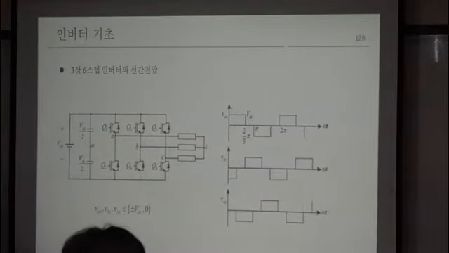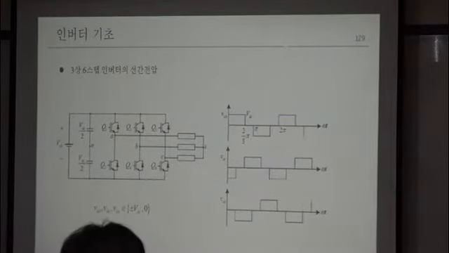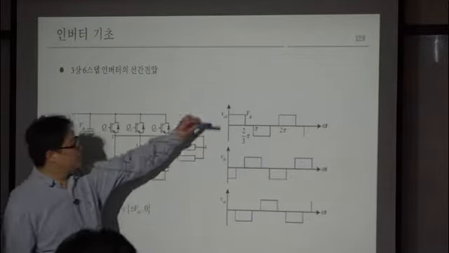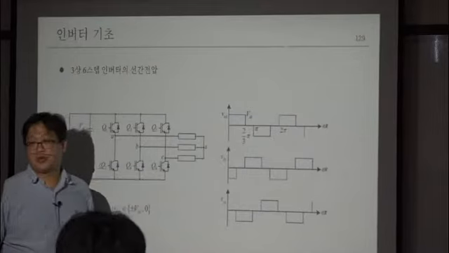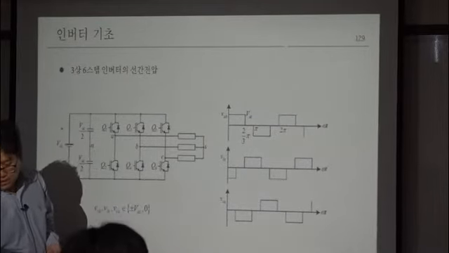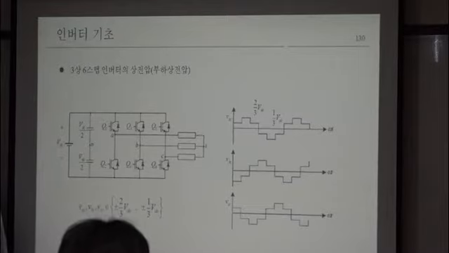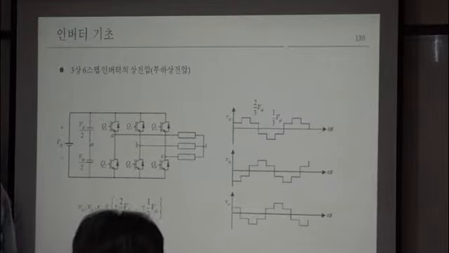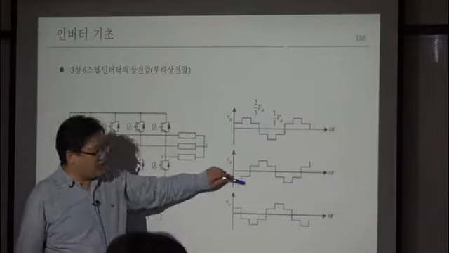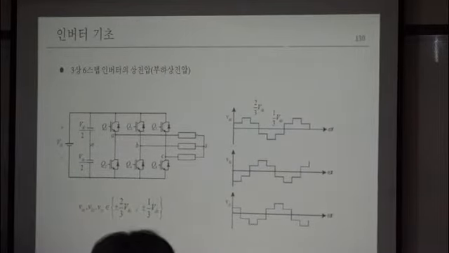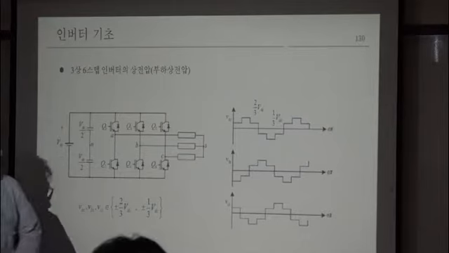And what about this? This is your line-to-line voltage. You have 3 voltages. And this is your what? The phase voltage. As I told you, you have 1, 2, 3, 4 voltage levels.